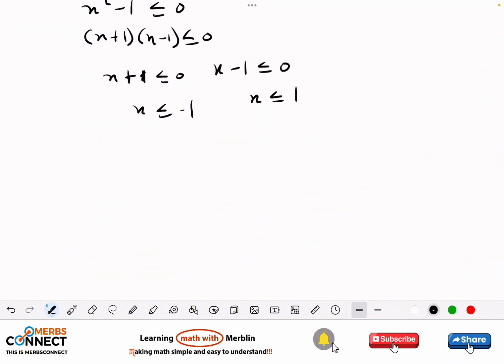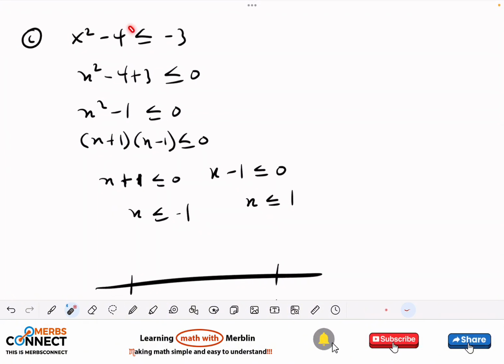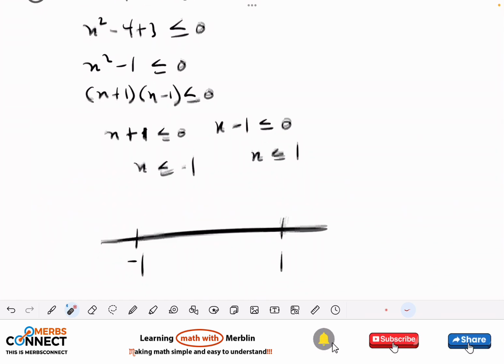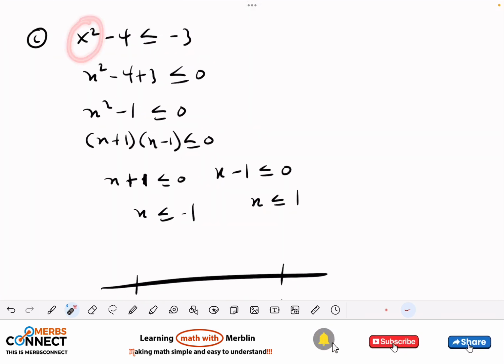But for us to check whether it's true, we need to put it on a number line to check. The same idea: pick any value here, plug it in, and see if it is true. So I pick negative 2, I put it here. What is negative 2 squared? 4, minus 4, minus 2, is minus 2 less than or equal to minus 3?